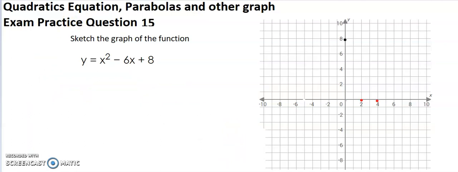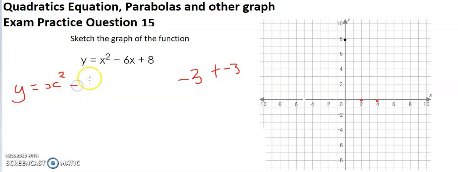If I would like to get it into turning point form, the first thing I'm going to think about is what is half of b? So half of b is 3. So technically I need -3 plus -3 to equal -6. So when I'm rewriting my equation, I'm going to think about how to get it into that perfect squared form.